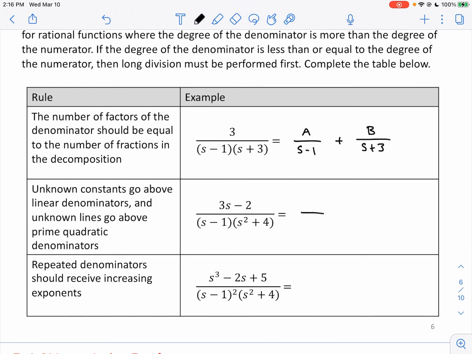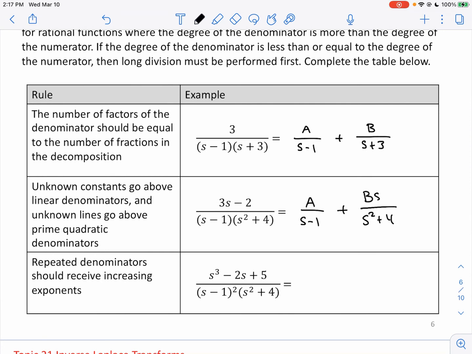So that means, again, two fractions, and each fraction gets a denominator that's one of the factors of our original denominator. Now the first denominator is a line, first degree, so above that goes an unknown constant. And the next one is a prime quadratic denominator, so above it goes an unknown line. So bs plus c would be appropriate up there. And this would be the correct setup, and then we'd have to find a, b, and c.